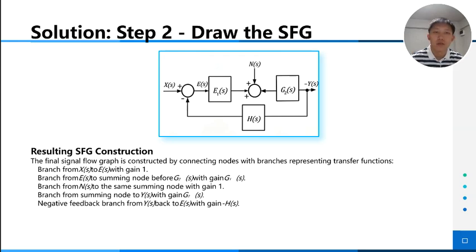The disturbance NS adds directly to the signal before G2S. The feedback loop from YS back to ES has a gain of HS, representing the negative feedback shown in the block diagram. This is our final SFG.